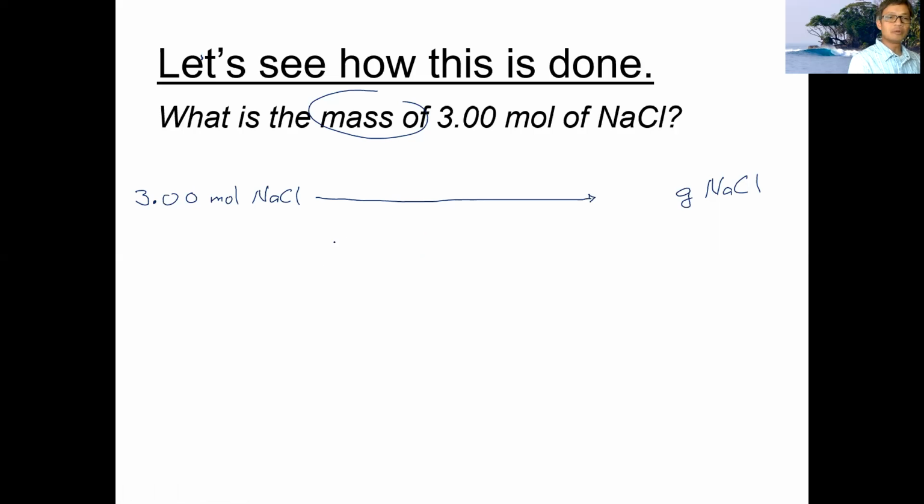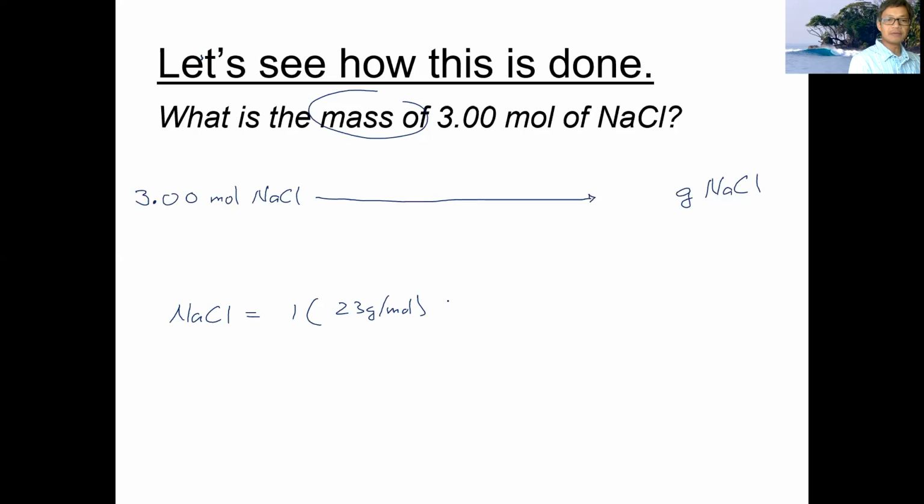So the molar mass of sodium chloride, remember, we just add together. Let's go ahead and write this down here. Mass of sodium chloride then is 1 sodium atom, and the mass of 1 sodium atom is 23 grams per mole.